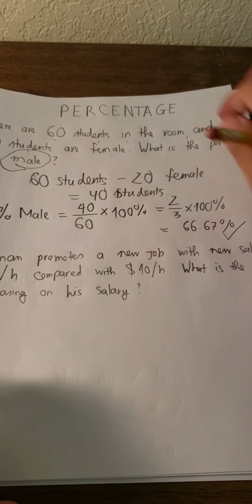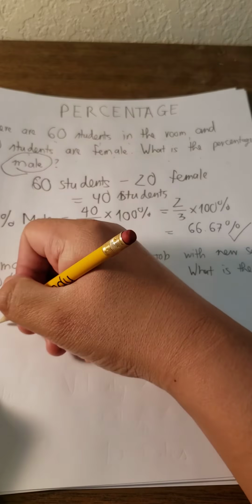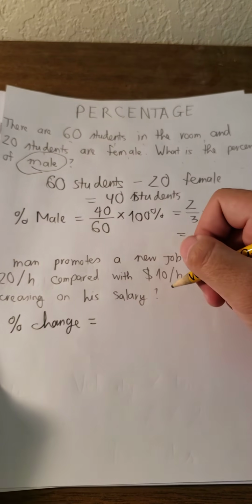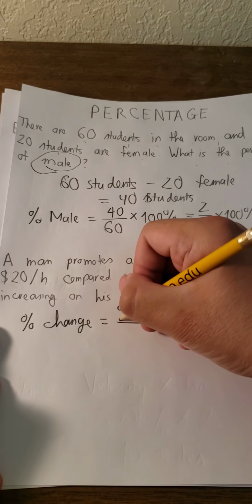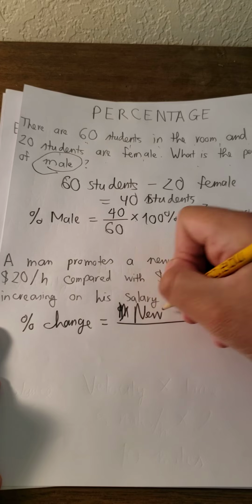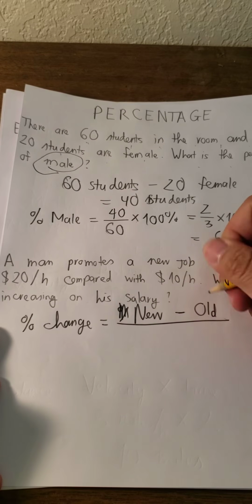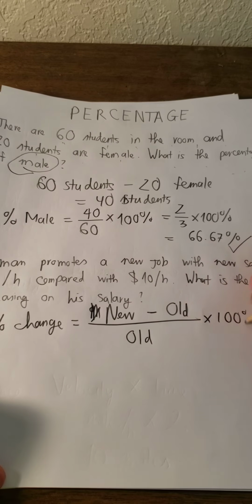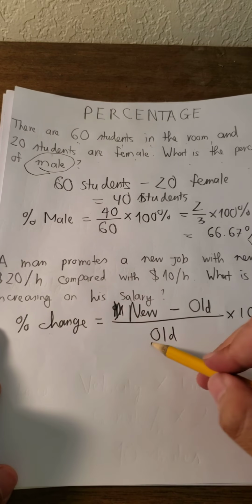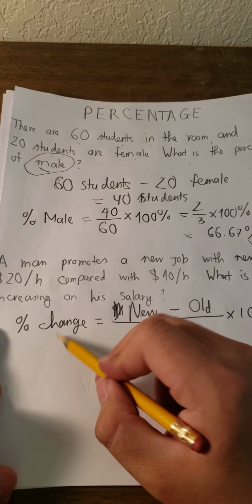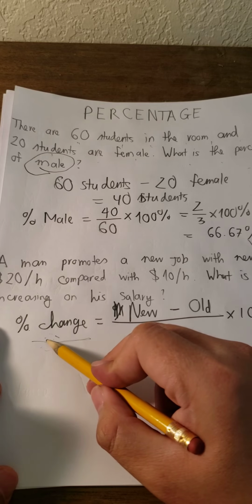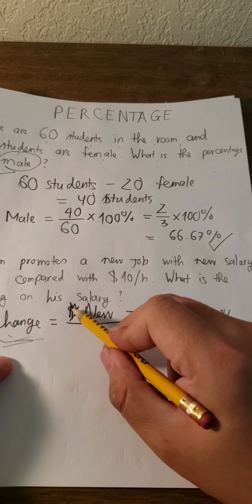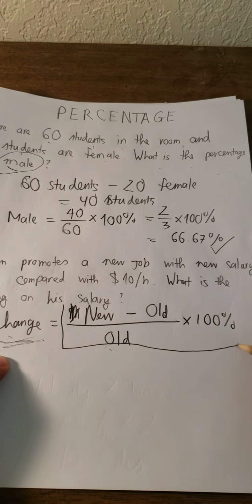It means they are talking about the percentage increase. So the percentage change should be the new salary minus the old salary, divided by the old salary, multiplied by 100%. This formula will be on the test because they will ask you how to calculate the percentage change between the new and the old one. So this formula we need to memorize too.